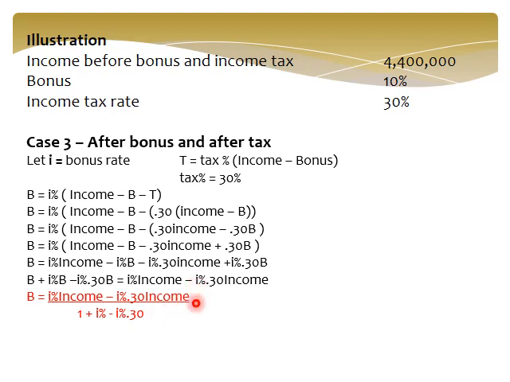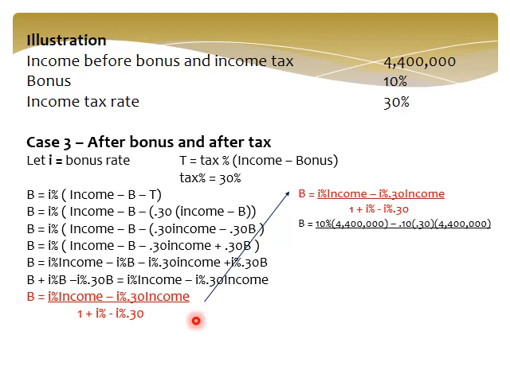So using this formula, we have the numerator, bonus rate 10% times income 4.4 million minus the bonus rate of 10% times 0.30 times the income of 4.4 million, divided by the denominator 1 plus bonus rate 10% minus the tax rate. So 1 plus 0.10 minus 0.30.